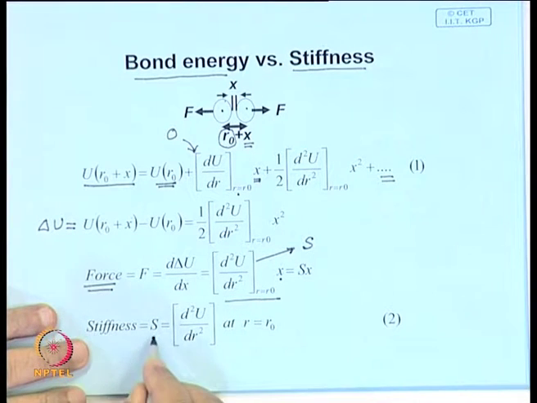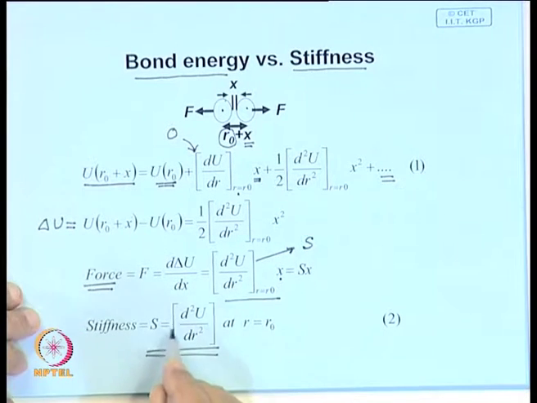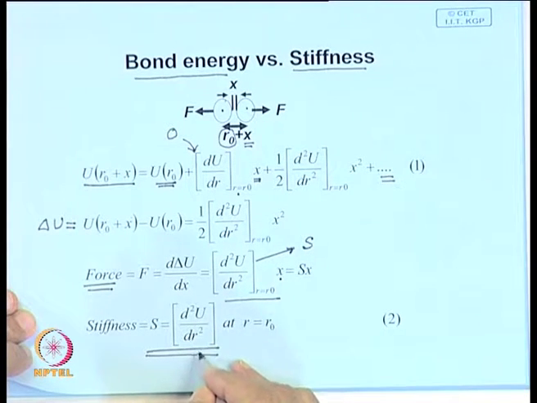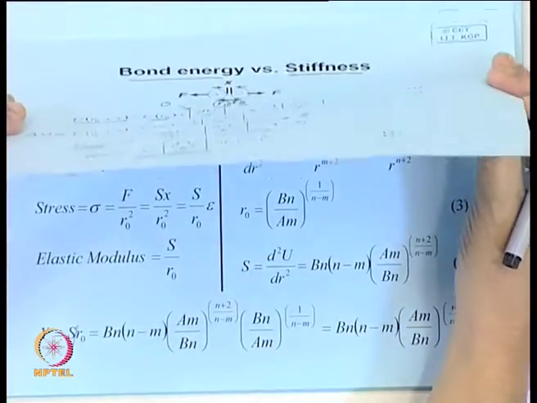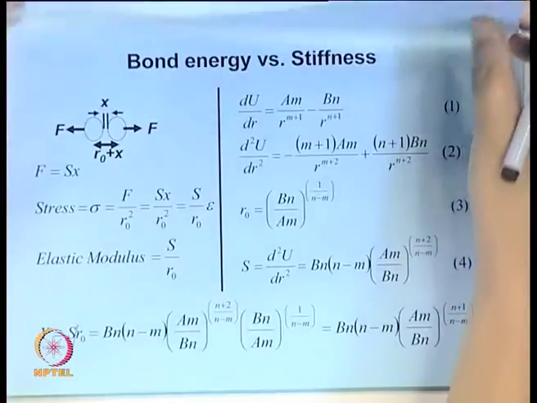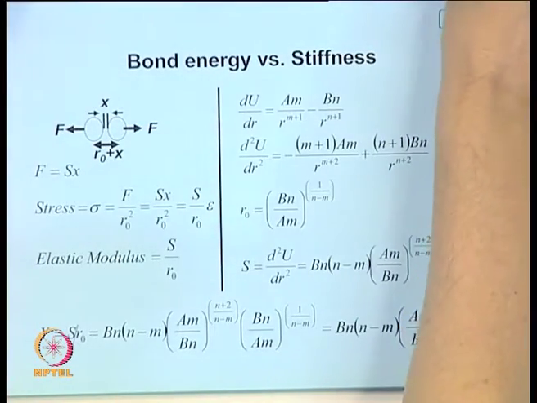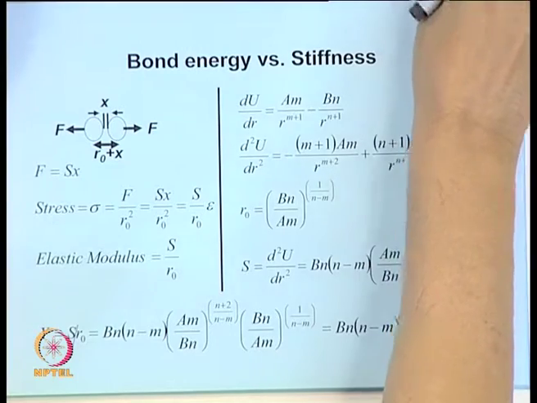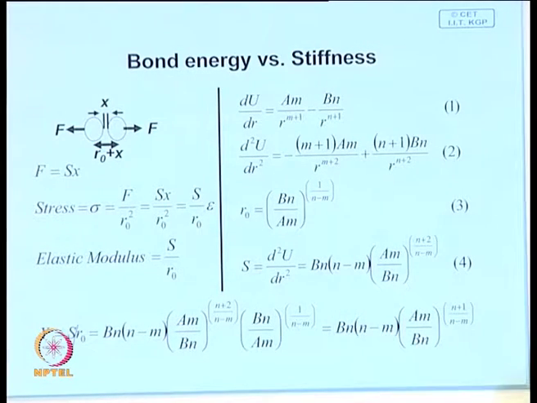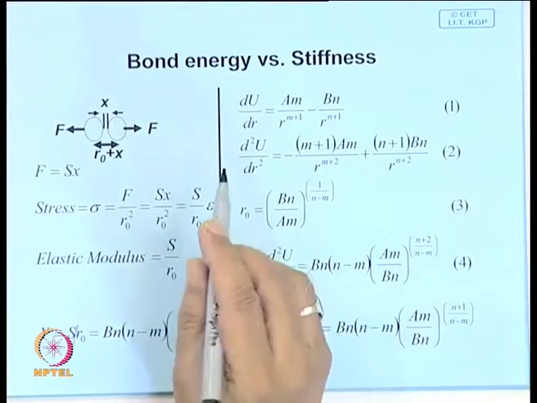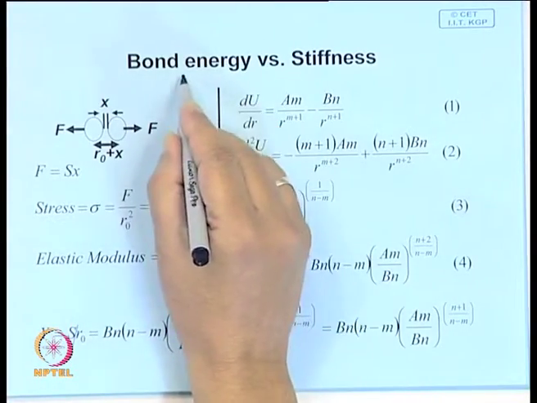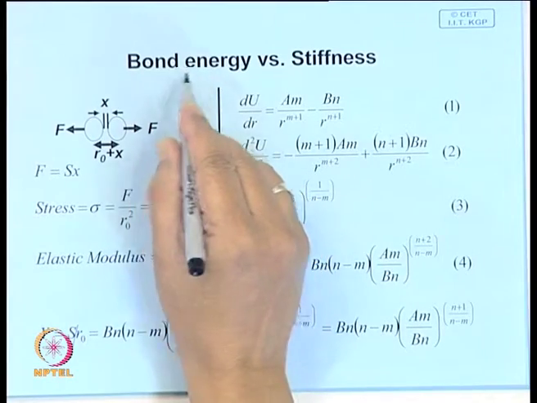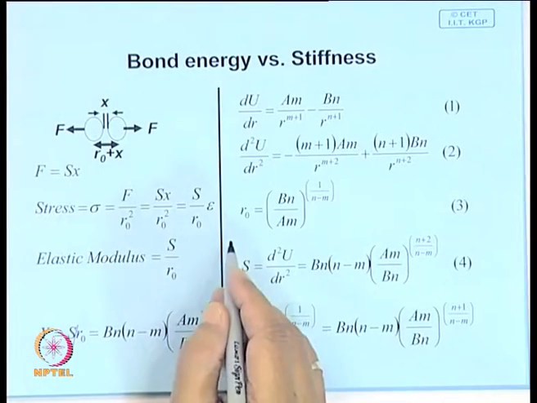So, therefore, the relationship between stiffness and u is given by this, and I wanted you to go through this and derive an expression or relationship between bond strength or bond energy and stiffness.